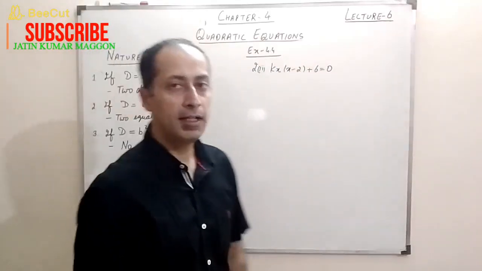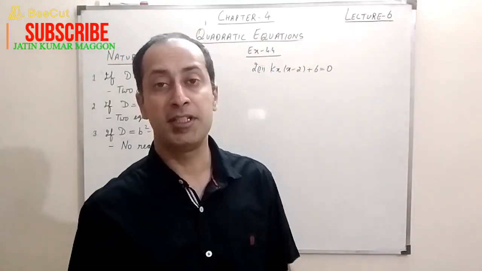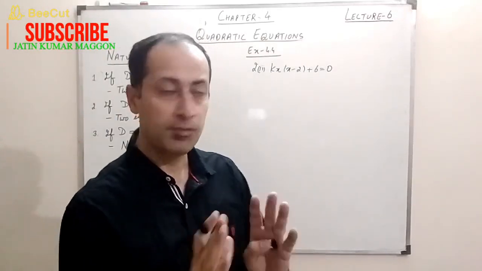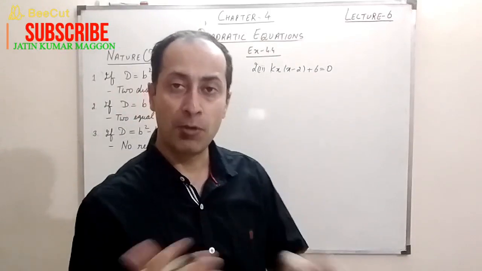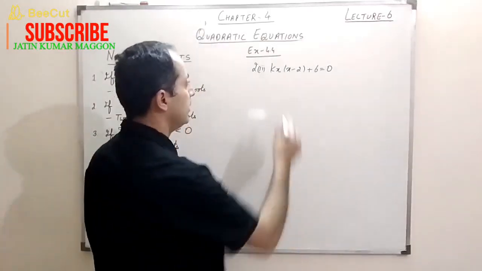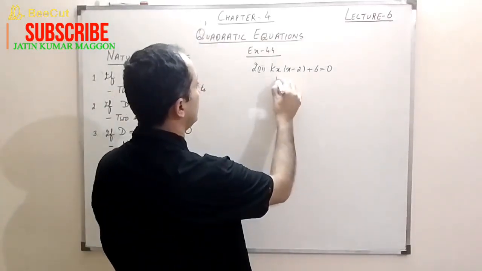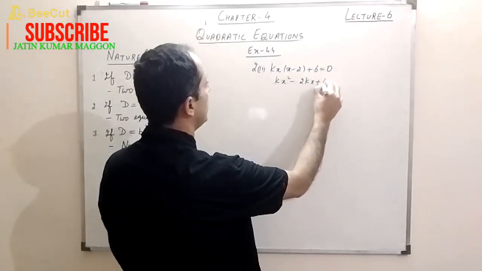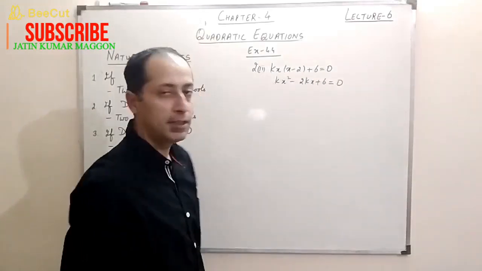Now you will see, if you see at the first glance, you say it's not a quadratic equation. But what you have to do? You have to simplify it. You have to multiply this thing. We have to open the bracket, right? Then only we can say. So when we multiply this kx inside, I get kx square minus 2kx plus 6 equals 0.